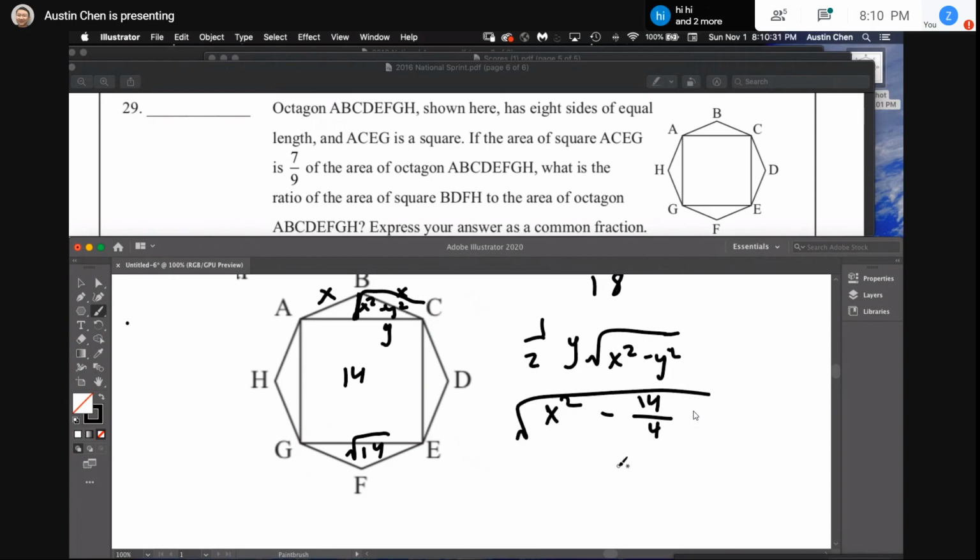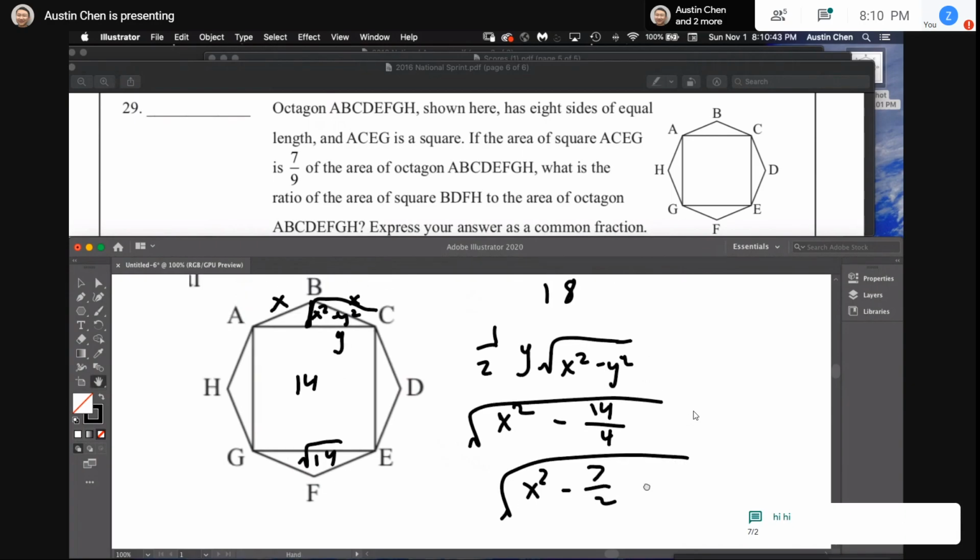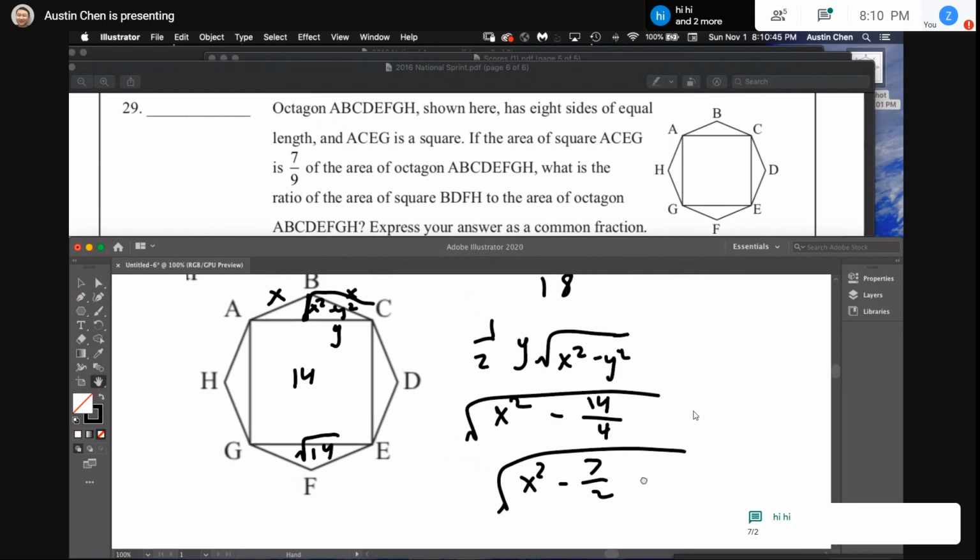And then that's going to be the square root of x squared minus 7/2.